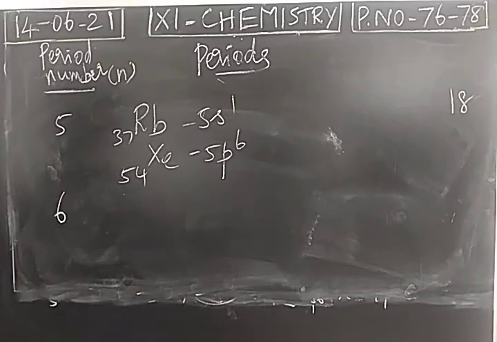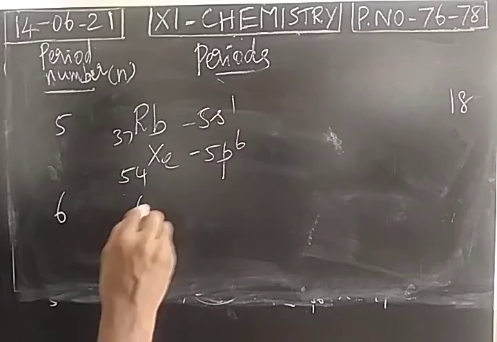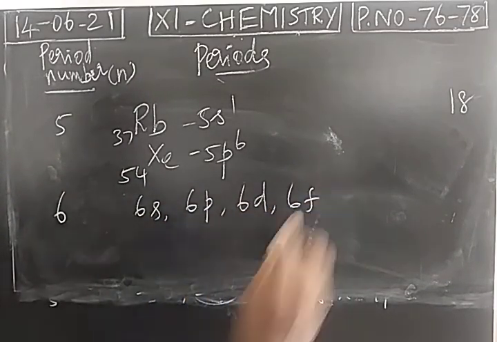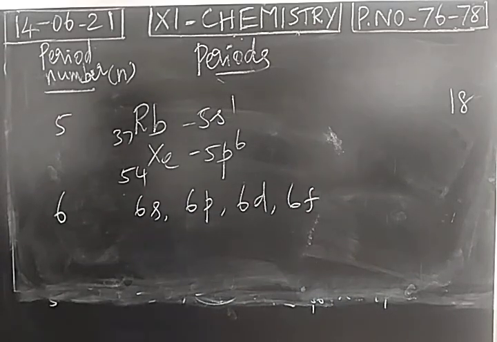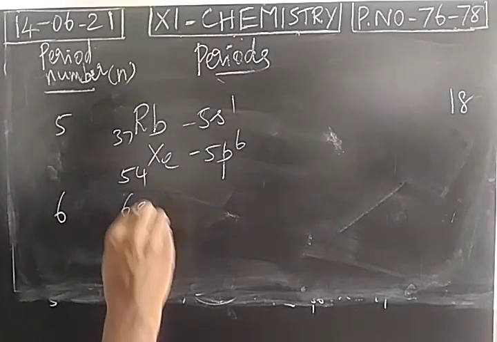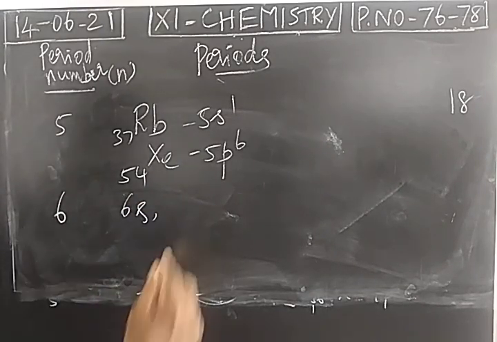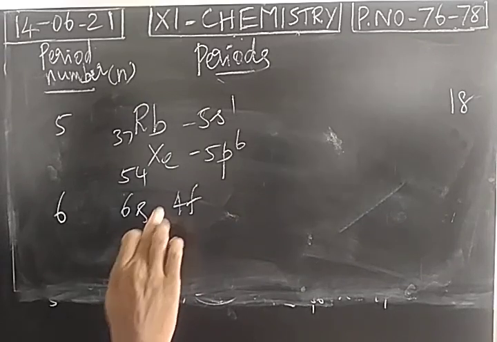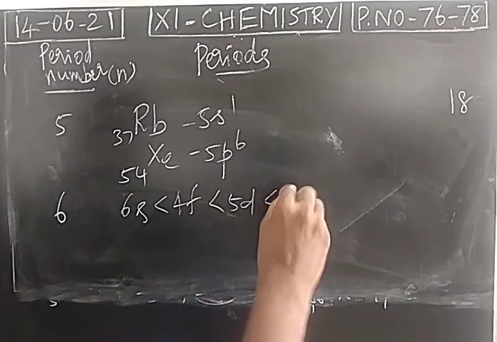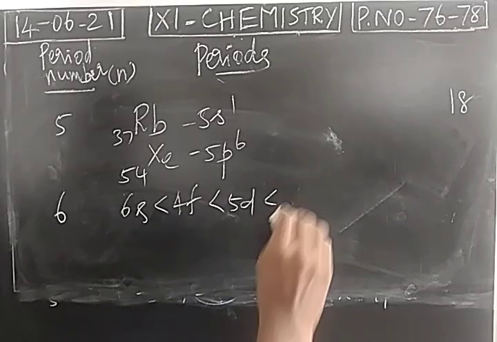The same way you take sixth period, we say these orbitals will be present. But when we follow Aufbau principle, the available orbitals: 6s, first electron will occupy 6s orbital, then it fills in 4f orbital, then 5d orbital, then it fills in 6p orbital.